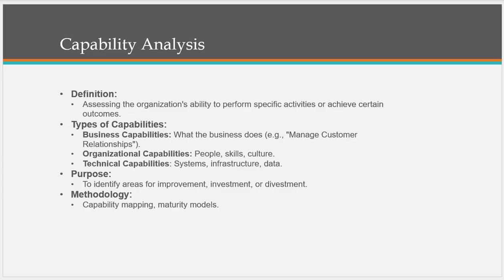Technical capability is whether the system, infrastructure, data, and technology are capable with the current organization of entering into the new business. If that is okay, they move to the further stage. If not, they work on business capability, organizational capability, and technical capability.